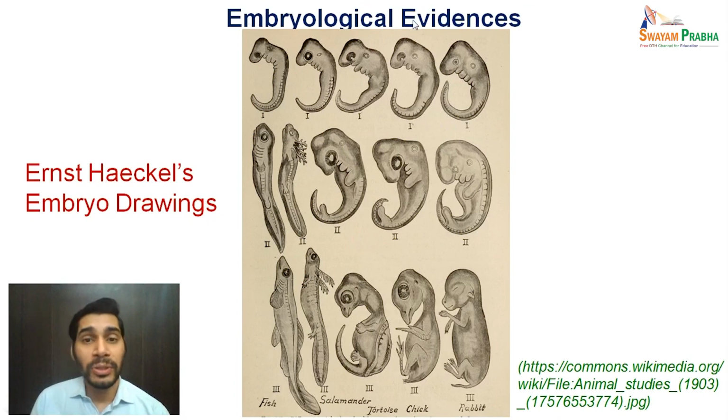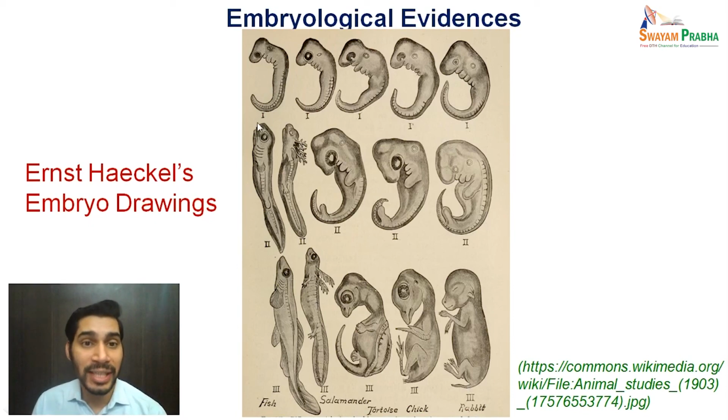Haeckel also gave various embryonic drawings. Here you can see fishes belonging to Pisces, salamander belonging to amphibians, tortoise belonging to reptiles, chick from birds, and rabbit from mammals. So he took all vertebrate classes as examples of their embryos to show how they show similarity in terms of development.